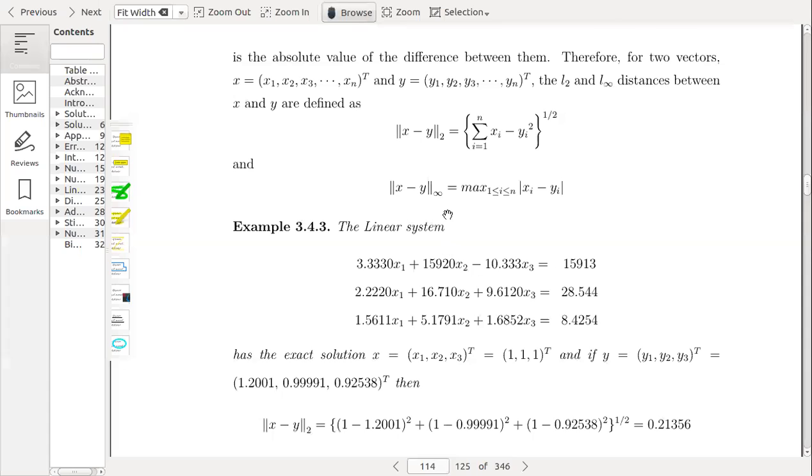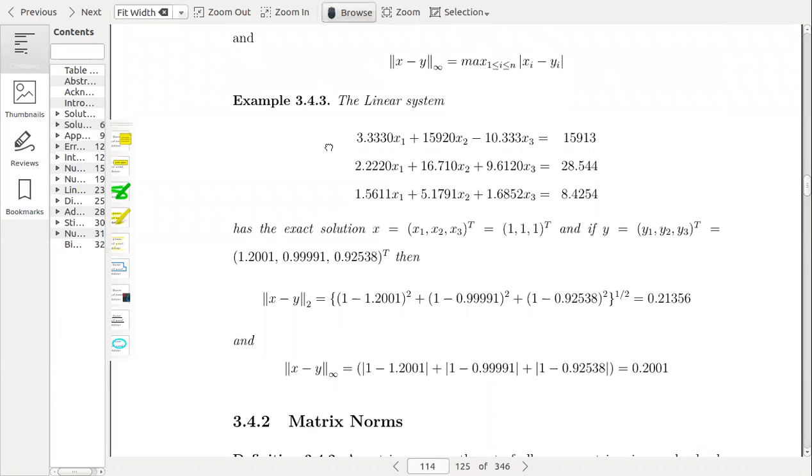The infinity norm of x minus y is equal to the max over i between 1 and n of the absolute value of xi minus yi.